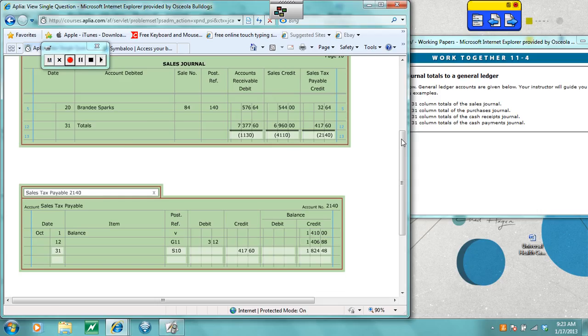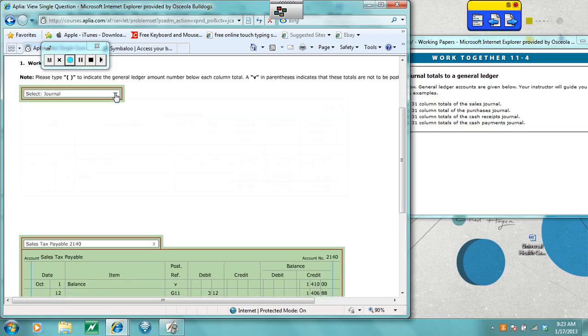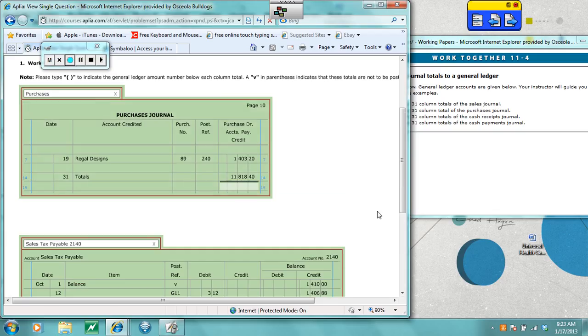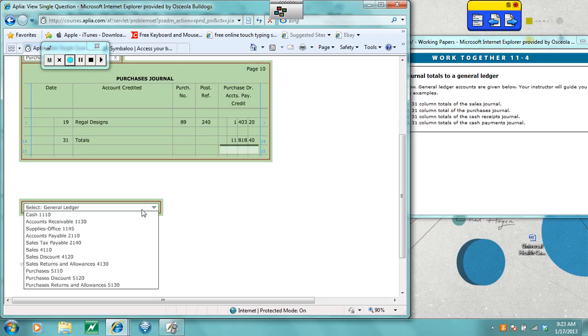Now it says go to the purchase journal. And we have to post the totals. Okay, we got purchase debit here. So we go to the purchase debit. Purchases, there it is.